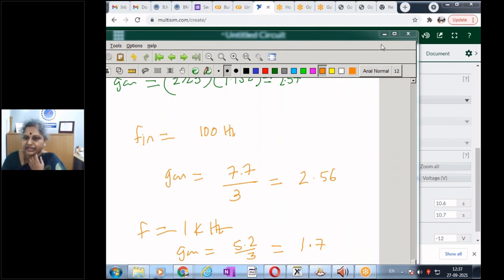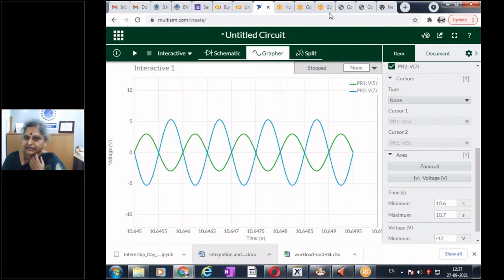Are we getting the expected gain? Do you follow? 2.56 is your expected gain. 2.56 into 0.707, how much is it? Can someone tell me how much it is?